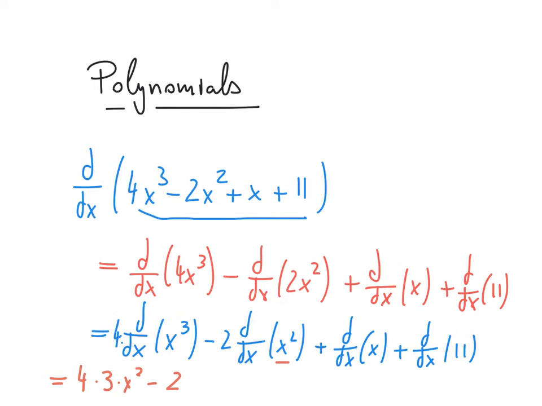x squared is a power, so I have to take the exponent and then subtract 1 from the exponent, which leaves me with x, and then plus the derivative of x. So you could use either the power rule or the linear function rule.